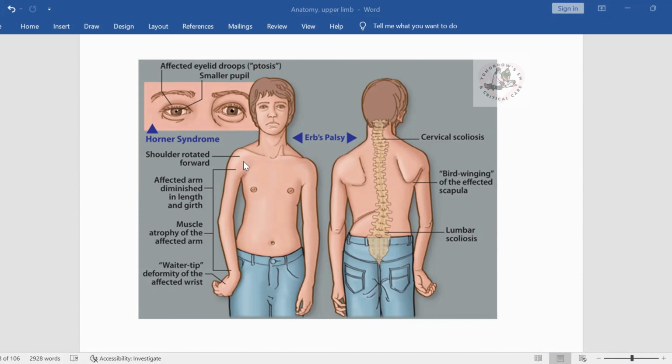Clear? Most common cause is birth injury. There may be cephalopelvic disproportion, hydrocephalus, shoulder dystonia. When the shoulder is quite unable to pass through the short birth canal, the obstetrician may use their hand or instruments.